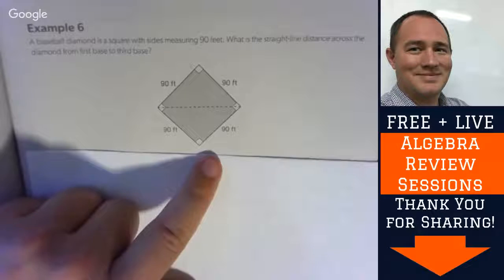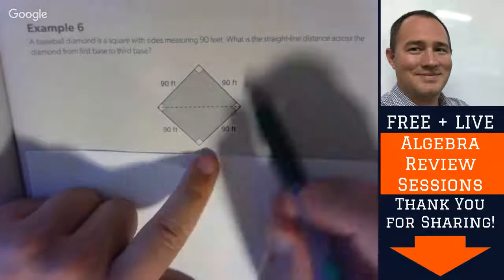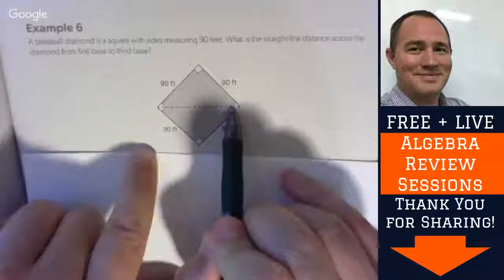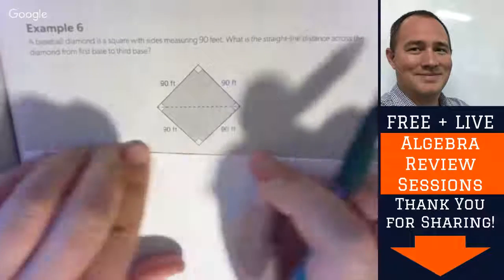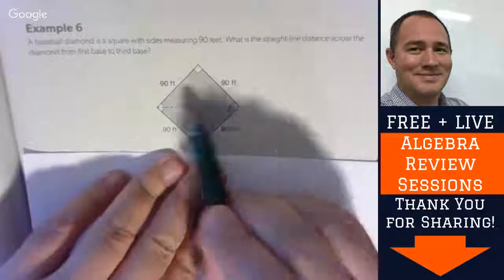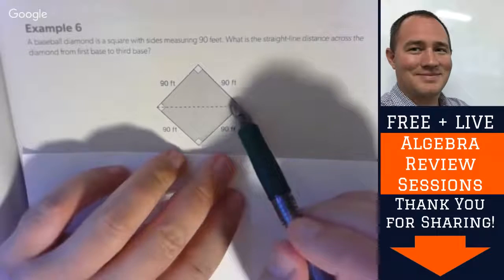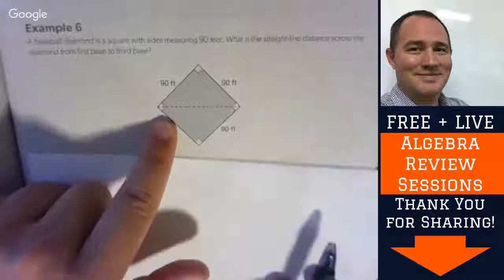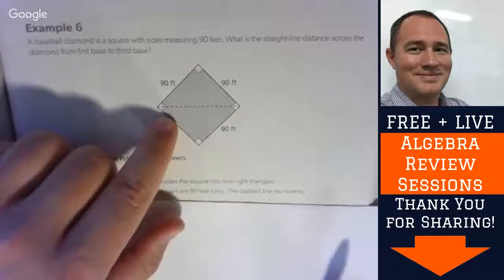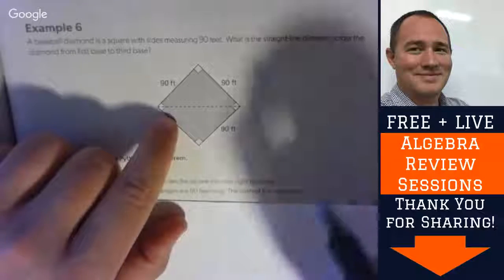So I'm not sure why we would necessarily need this. Maybe we were just having a conversation and betting a friend whether it's shorter to go from first to third or first to second. I don't know. But we wanted to see what the distance between those is, right?